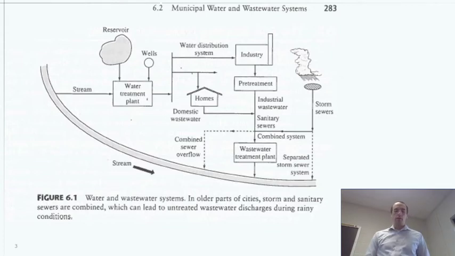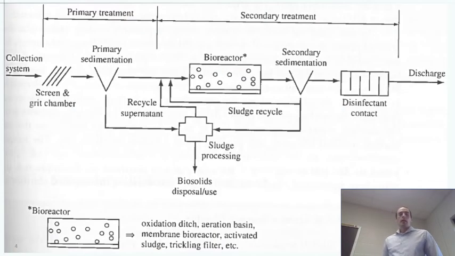So what we're going to do in the treatment itself, if we take a look at a typical treatment design, of course these can be a bit varied, is first of all, we'll have some collection system. Maybe there is some exposure to storm sewers, occasionally that might happen, or some other inputs that are prone to getting large particles, more than would fit into a toilet or something.